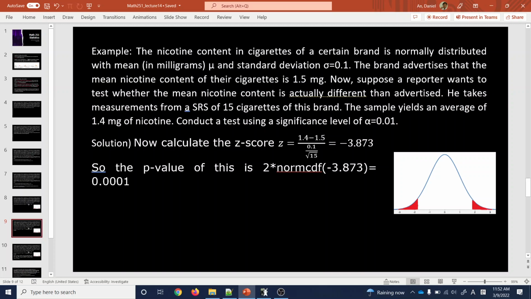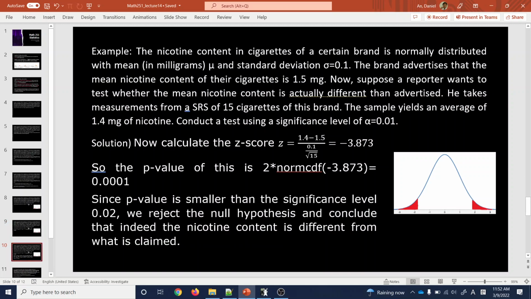So 0.01%, right? So do we accept the company's claim? No, because an unlikely thing has happened, right? It's very unlikely that if the company's claim is true, then we would get this value. So therefore, since the p-value is smaller than the significance level, we reject the null hypothesis and conclude that indeed the nicotine content is different from what is claimed.